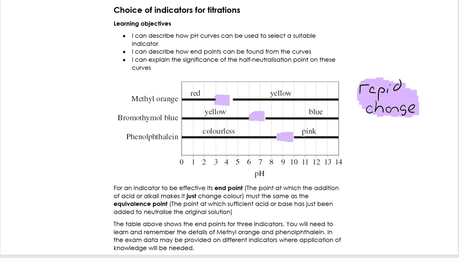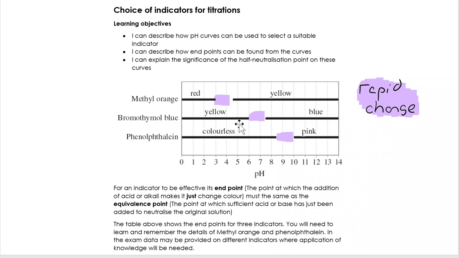So when we are looking at indicators, we need to be able to describe how pH curves can be used to decide what indicator we will use. And you are going to have to learn some specific facts about a couple of these, specifically methyl orange and phenolphthalein. Now, an indicator changes colour when it moves from the acidic to the alkali environment, but different indicators will make that change at different points.